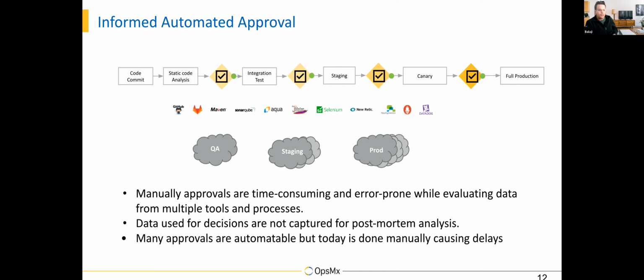What I've heard from customers is that many approvals are really automatable. You still have this manual judgment, but it's not that complicated. They have to do certain checks and balances, and those can be done in an automated fashion, but today it's not done. So you're essentially adding delay for no reason.